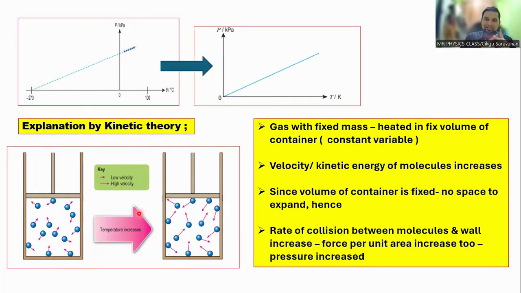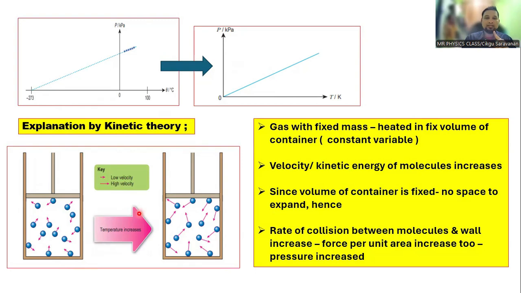The kinetic energy is increased, so their velocity, or we can say the speed of their movement, will increase. So it will cause the rate of collision between the molecules and the wall of the container to increase. Hence, this will make the pressure increase. So I repeat again, okay.